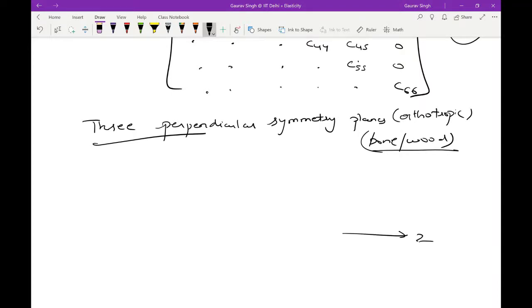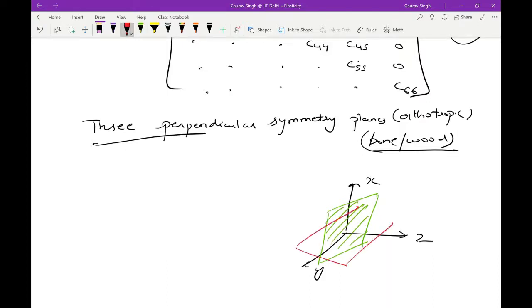So if you have z, x, y, the first plane of symmetry is clearly this xy plane. The second plane of symmetry is clearly this yz plane. Okay, and the third plane of symmetry is clearly this xz plane. Okay, so you have three mutually perpendicular planes of symmetry in a material.